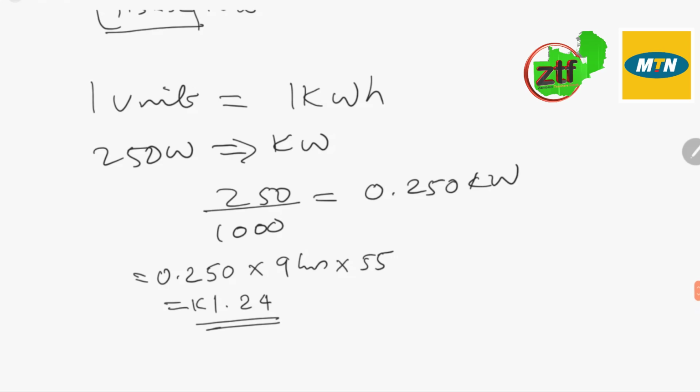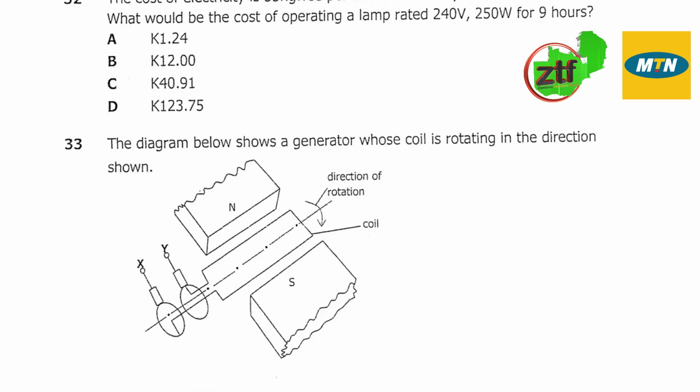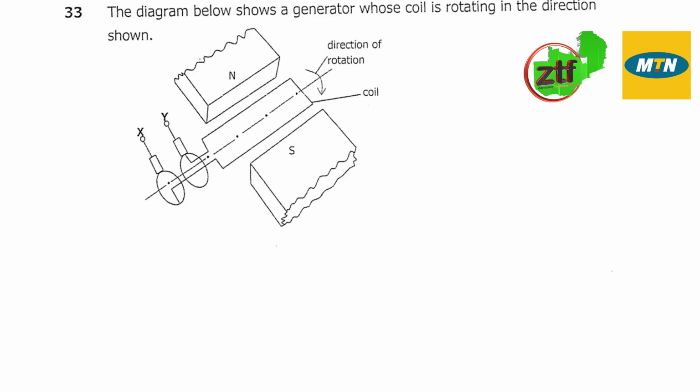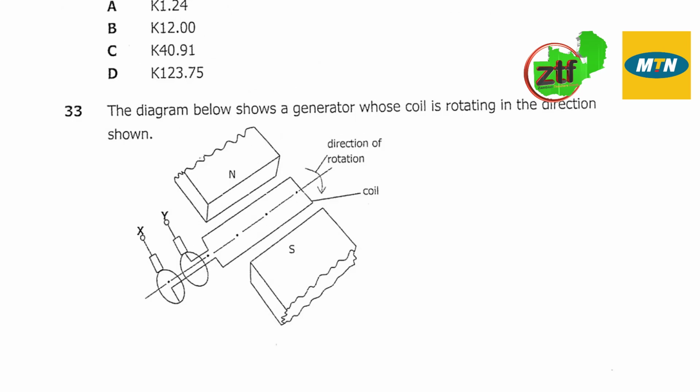Okay, question 33. When we look at this question, we notice very quickly that the diagram below shows a generator, whose coil is rotating in the direction shown. All the time a coil rotates in a magnetic field, it is going to generate an EMF, or if you like, a current in that coil.